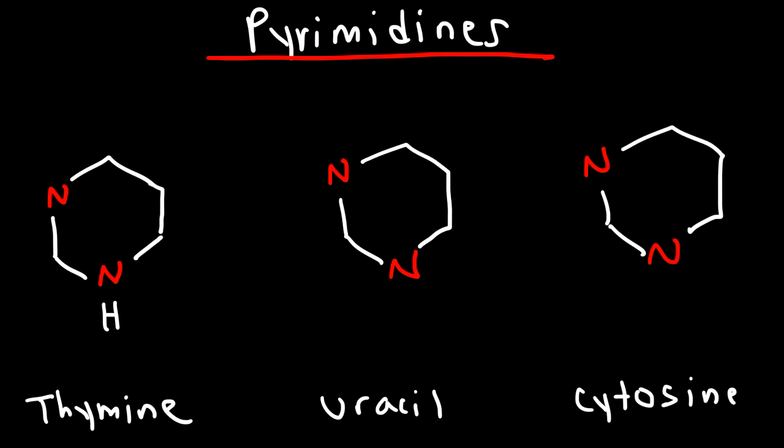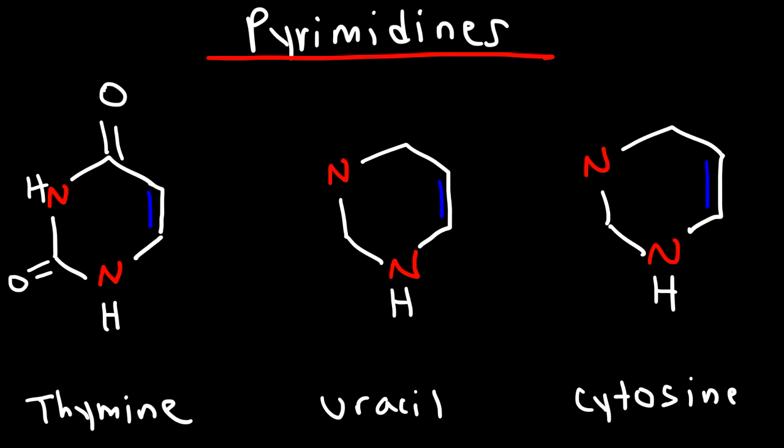So this is going to be a hydrogen in the case of thymine, and we're going to have a double bond between positions 5 and 6. And the same is true for the rest of them. Now for thymine, we have a carbonyl group at position 4 and another carbonyl group at carbon 2. And here we have a hydrogen.